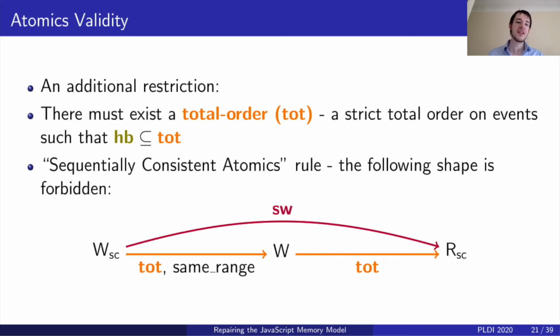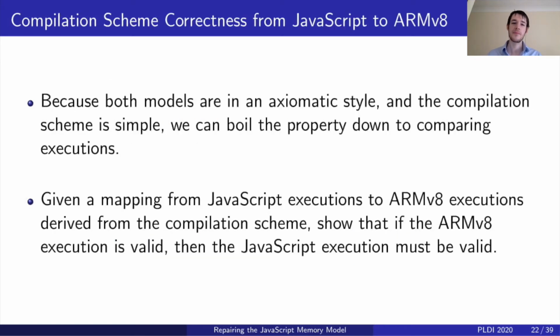However, this condition is a little too strong as it's stated here, since it also ends up constraining non-atomics, since the middle write W was not required to be an atomic. Now this emerges as a compilation scheme correctness bug. So let's set the scene. We want to prove that concurrent JavaScript programs can be successfully compiled to ARMv8, which itself has a very similar axiomatic memory model.